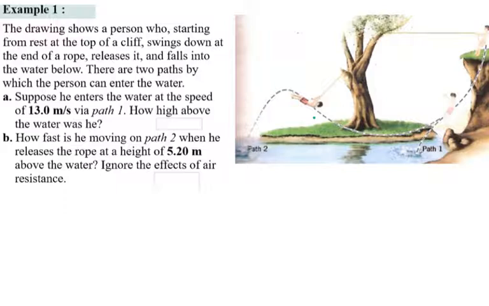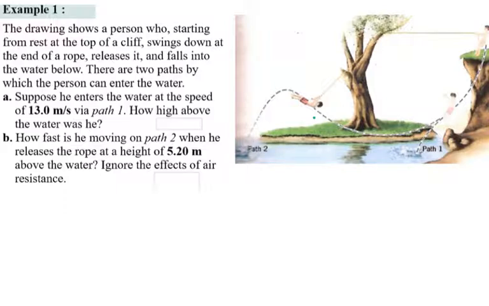Suppose he enters the water at the speed of 13 meters per second via path 1. How high above the water was he? How fast is he moving on path 2 when he releases the rope at the height of 5.2 meters above the water? Ignore the effects of air resistance.